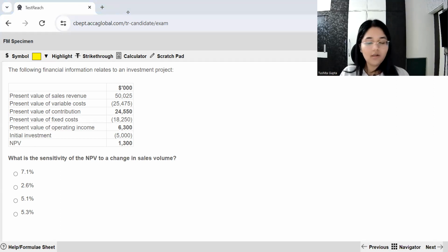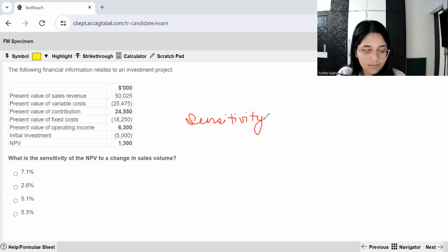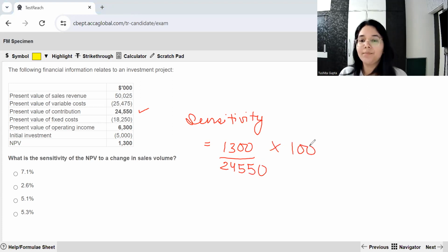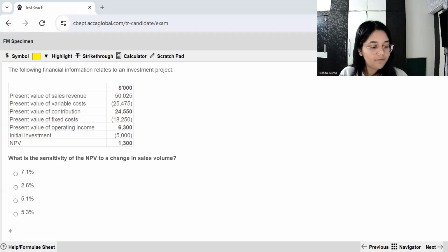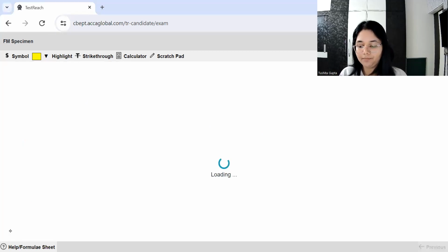So the sensitivity equals the NPV, which always comes in the numerator, 1300, divided by the contribution, 24550, multiplied by 100 to get the answer as a percentage. If you work this out, you will get your answer as 5.3%.